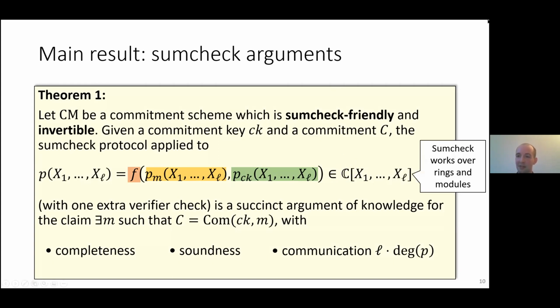But that's actually okay, because it's pretty easy to show that you can run the sumcheck protocol over more general domains than finite fields, like different modules or polynomials over different groups. So everything extends quite easily to those cases. And for the communication costs of the sumcheck protocol, you can keep the idea in your head that this is going to turn into communication costs something like logarithmic in the length of the message.